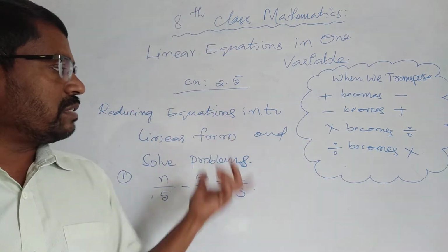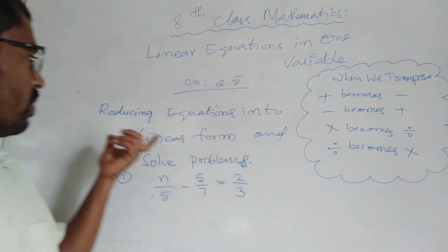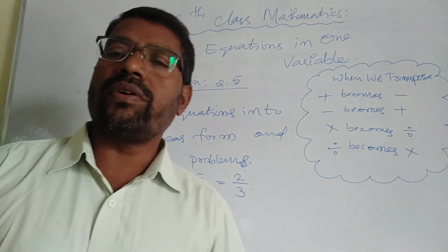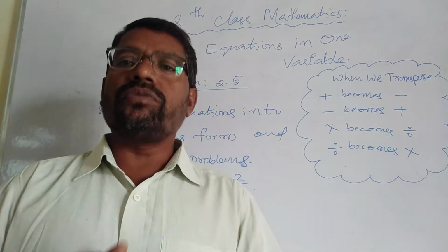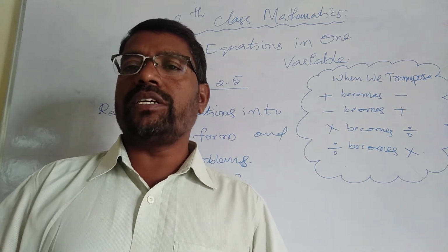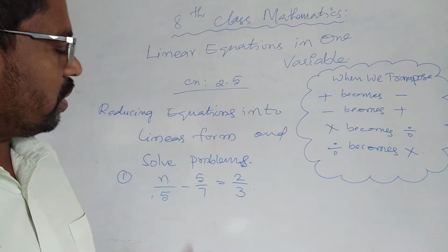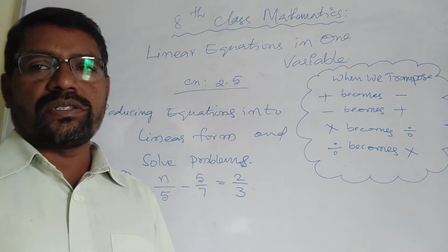Now I am going to explain what we are going to take, that is reducing equations into linear form. The form given in your exercise 2.5 is not in the linear form. We have to convert it into the linear form, and then we are going to solve the equations.